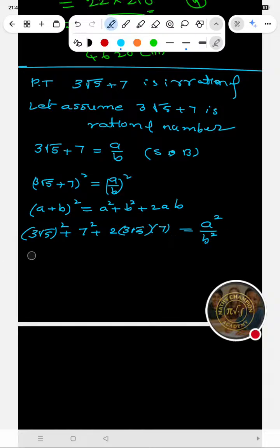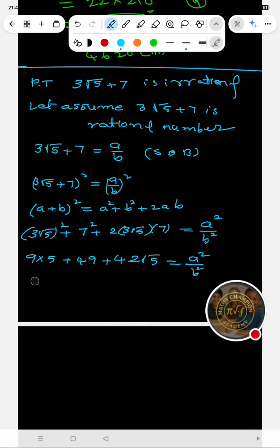So it becomes 9 into 5 plus 49 plus 2 threes are 6, 6 sevens are 42, 42 root 5 is equal to a square by b square.